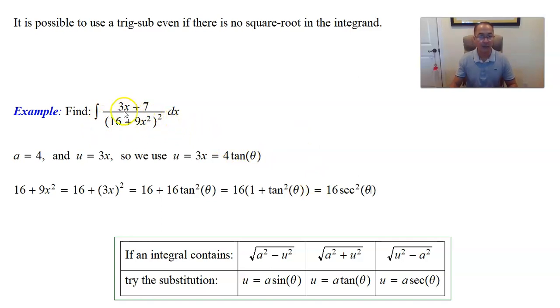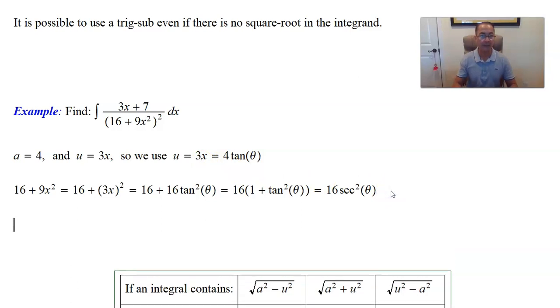But there's more. We also need 3x plus 7. Oh, how convenient. That's a 3x. So 3x plus 7. I didn't actually intend that, but it's okay. It keeps us from dealing with fractions. So 3x plus 7 is 4 tangent theta plus 7.